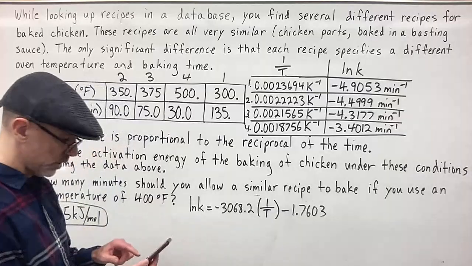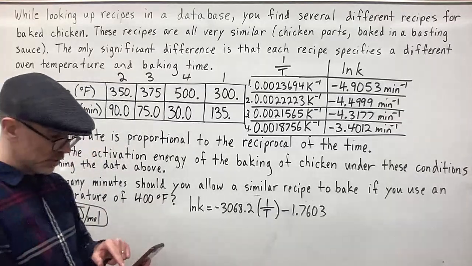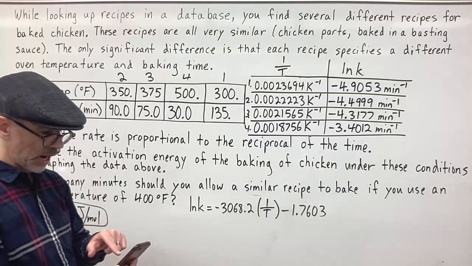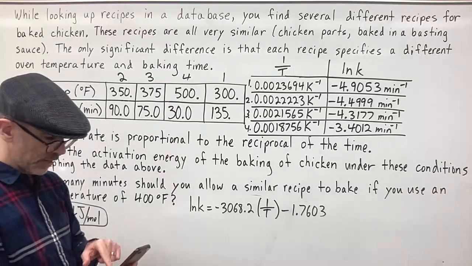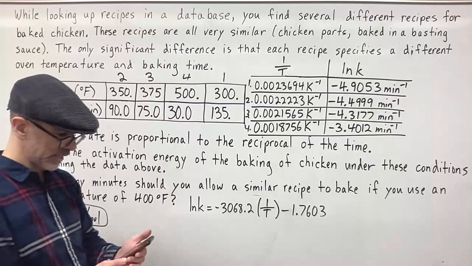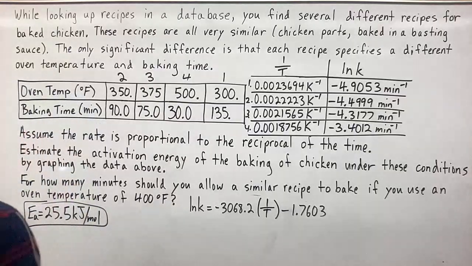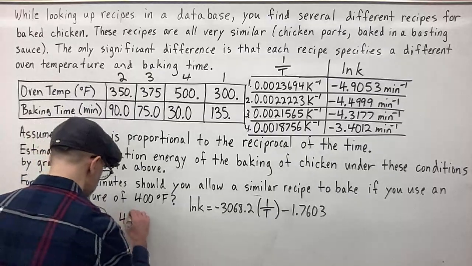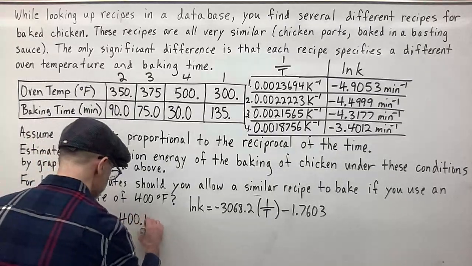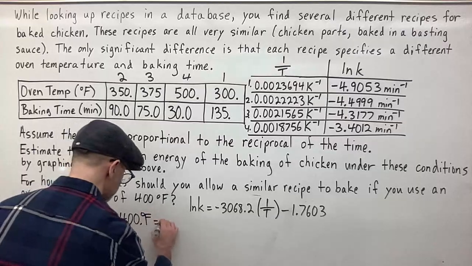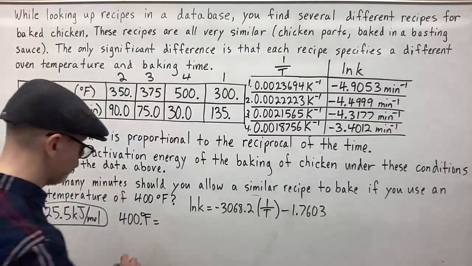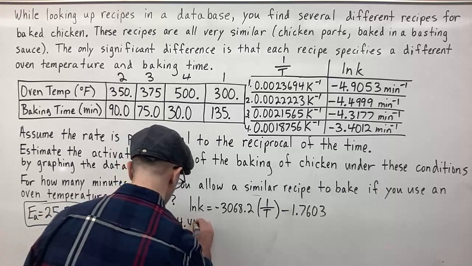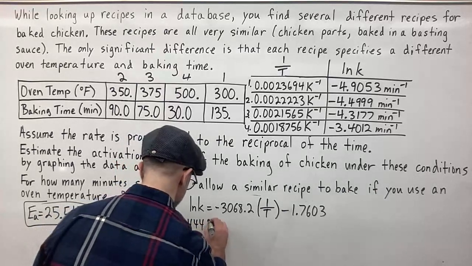So let's go ahead and do that in real time. I'm going to take 400, subtract 32, equals, multiply by 5, divide by 9, equals, and I get 204.444. So 400 degrees Fahrenheit is equal to 204.444 degrees Celsius.